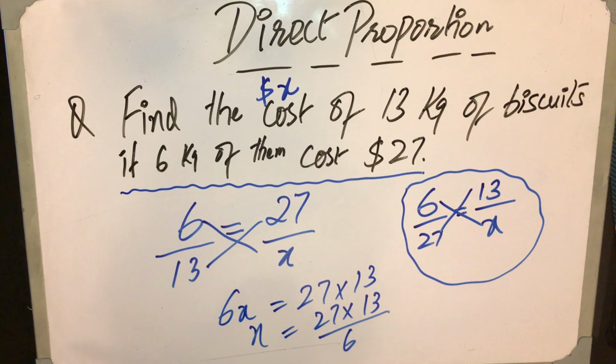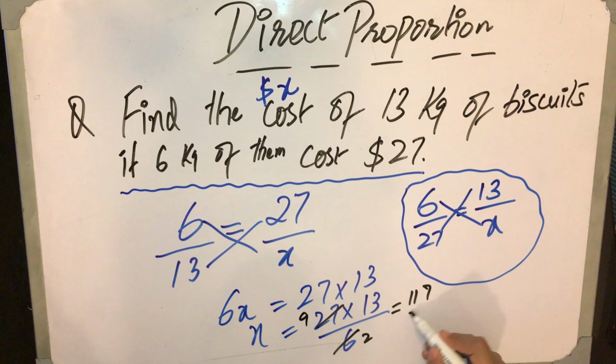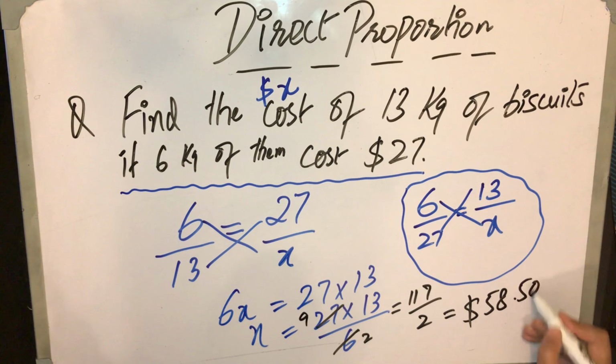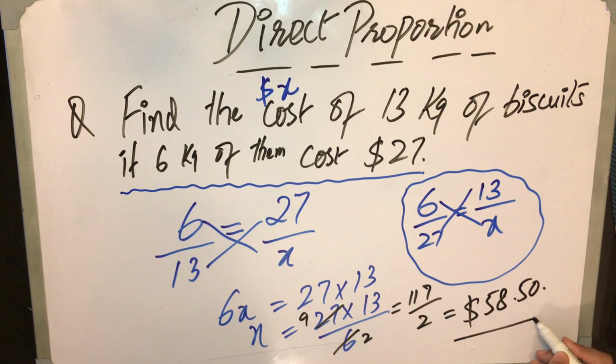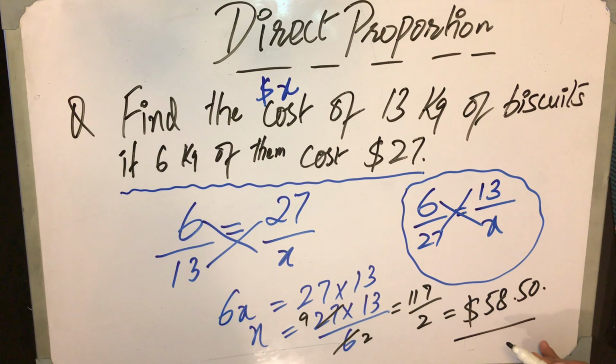We can cancel 6 with 27: 3 twos are 6, 3 nines are 27. 13 times 9 is 117 over 2, and the cost of 13 kg of biscuits is 58.50. So if 6 kg of biscuits cost 27, then the cost of 13 kg of biscuits is $58.50. Here you can see the direct proportion.